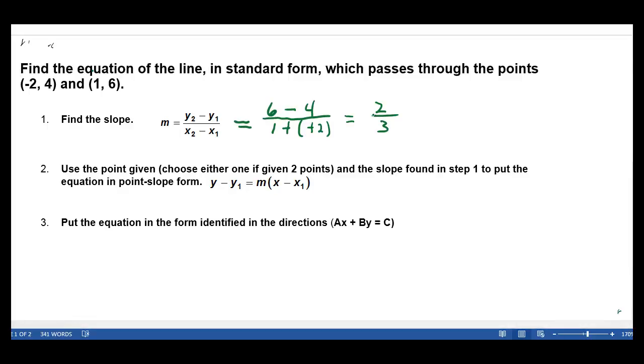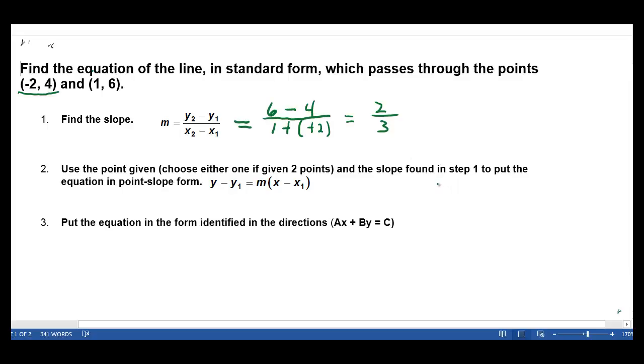Now what we're going to do is go to step number 2, where it says use the point given. Choose either one if given 2 points. Since we're given 2 points, we choose either of the 2 points, and I'm going to choose point number 1 and the slope found in step 1 to put the equation in point slope form.